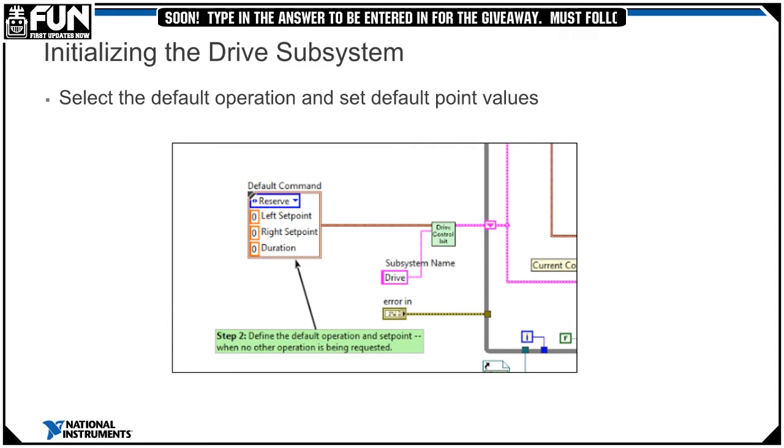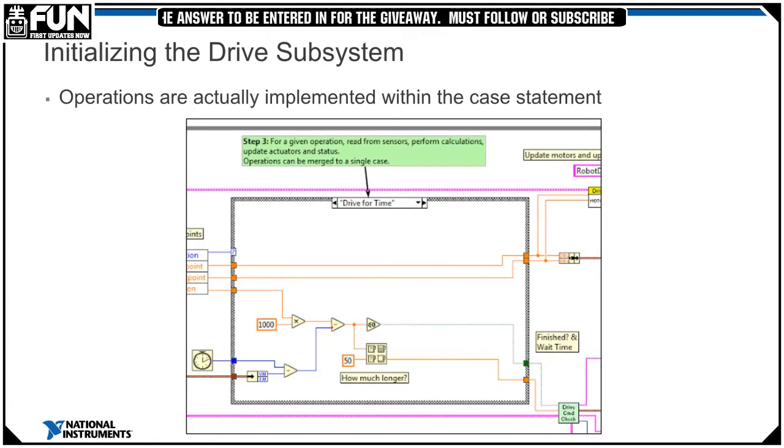So looking at the next slide, this is the case statement where we're actually going to implement our different operations. This is where you can change the set point value, the iteration delay, the iteration count, use some sensors to change how your system reacts. The case structure is going to have a value for each operation state of your subsystem.